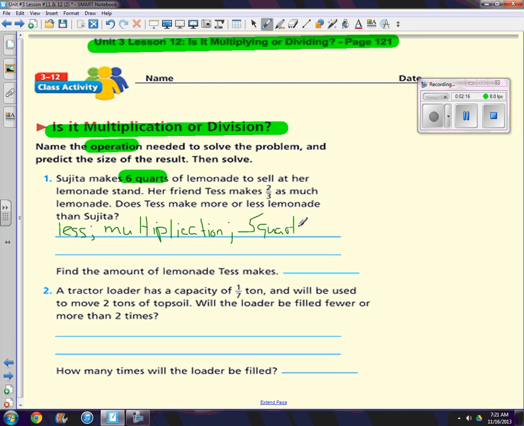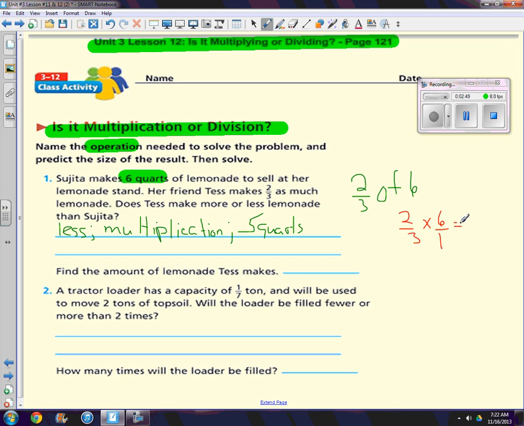And then the last part actually wants you to find the amount of lemonade. So if you were to set up 2/3 of 6. Now in math, of stands for multiplication. So this problem really looks like 2/3 times the whole number 6 over 1.